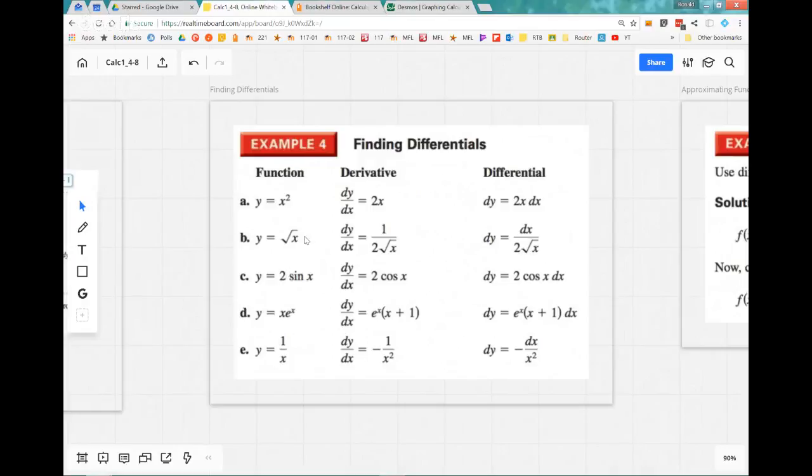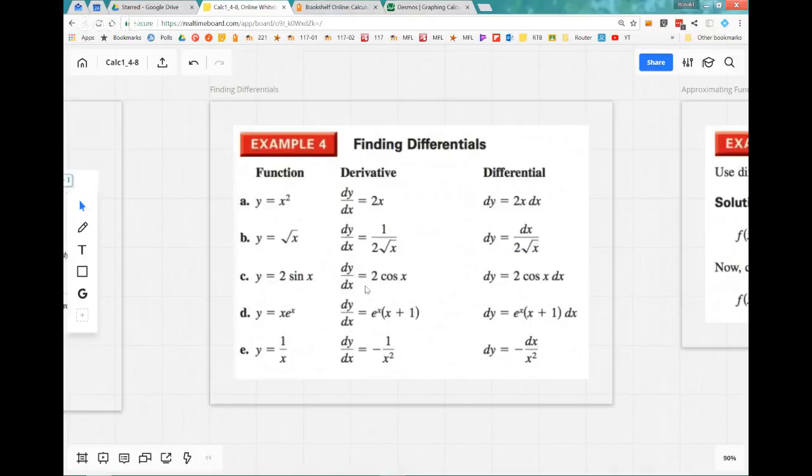Okay, let's do a square root. Take the derivative of both sides. You know, this is x to the 1/2. It's 1/2 times x to the negative 1/2, which becomes 1 over 2 times the square root of x. What's the differential dy? Multiply both sides by dx.